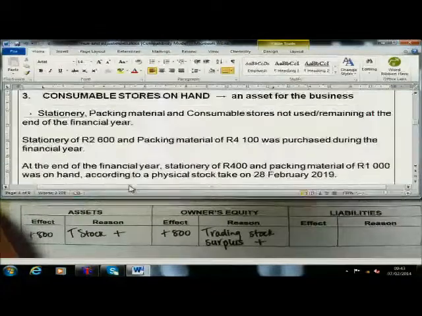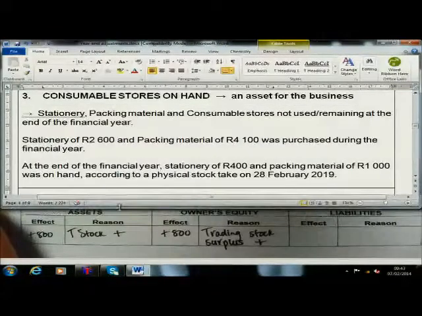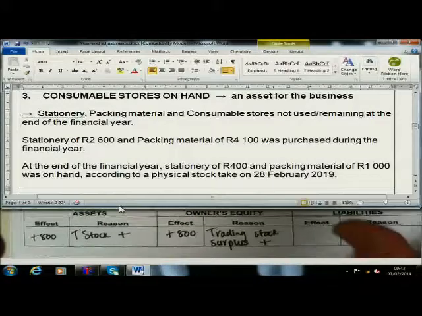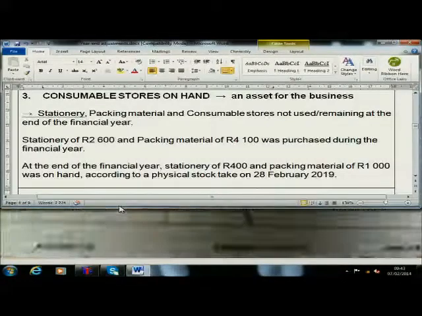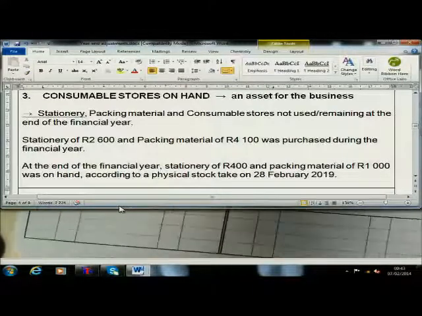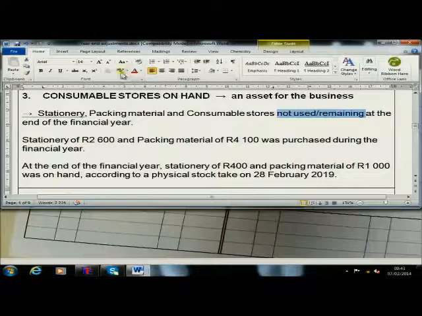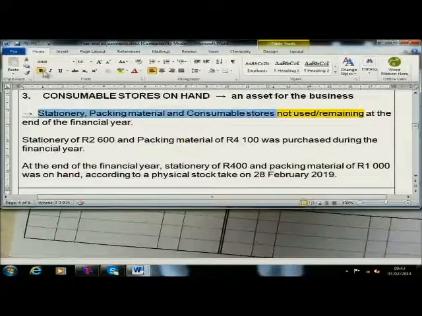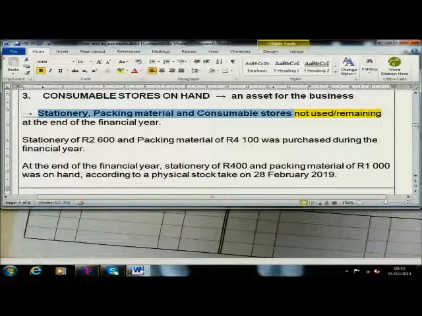Number 3, consumable stores on hand. I mentioned that this is an asset for the business. Stationery, packing material and consumable stores not used or remaining at the end of the financial year is your consumable stores on hand. Those are things that you can do a physical stock taking on.